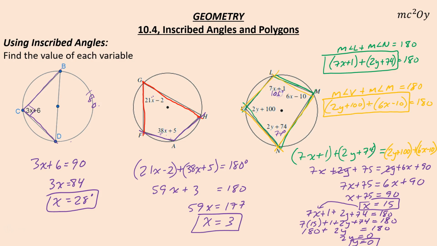Well, 106 plus 74 is 180. It works out. If you do it on this side, on both these sides, this would give you 100. And then 6 times 15, that's 90 minus 10 is 80. That works out as well. So my solution is x is 15, y is 0.